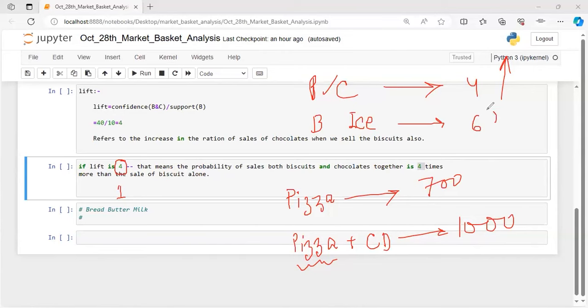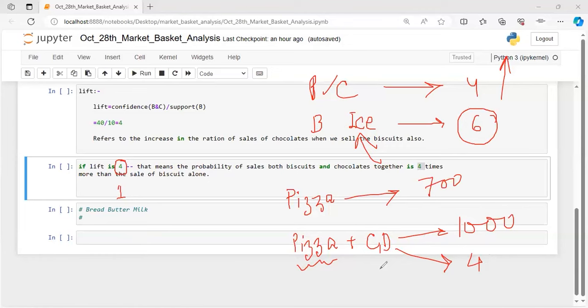Then we will consider ice cream as the most hot selling product along with biscuit rather than chocolate. If pizza plus cold drink is 4 and pizza plus burger is 7, then burger is the hot selling product along with pizza rather than cold drink. So first priority will be the burger, second priority the cold drink.